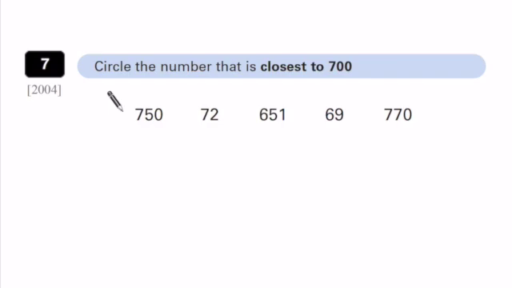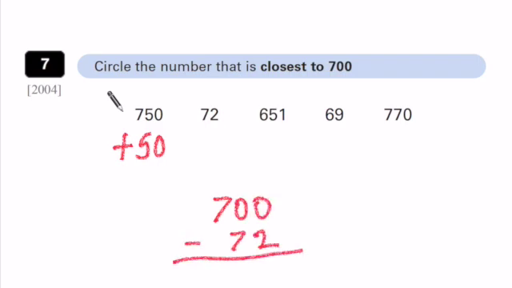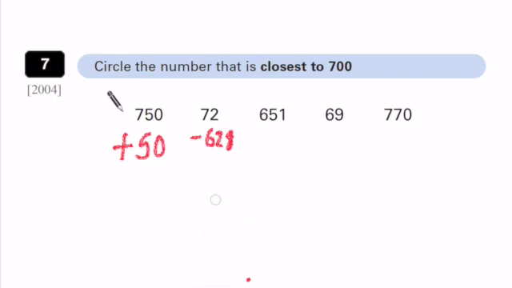Okay, so this one, 750, so I'm going to put plus 50. Right, 72. So 700 take away 72, 628. So it's less. It's a lot less, that, isn't it? Right, so we definitely know it's not that one. 651, so 700, so that's 49. I've worked that out in my head.